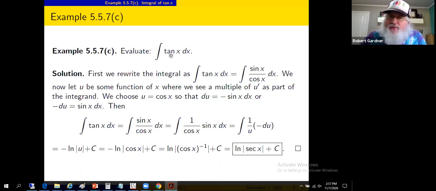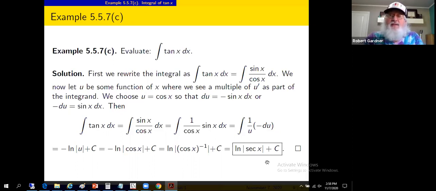I expect to see my answer in terms of secants and tangents. So for that motivation, let's take this negative sign inside the log function as an exponent, property of logarithms. What is 1 over cosine? That's secant. So I can rewrite this as the natural log of the secant of x, absolute value, plus a constant. Let's write the answer like that.